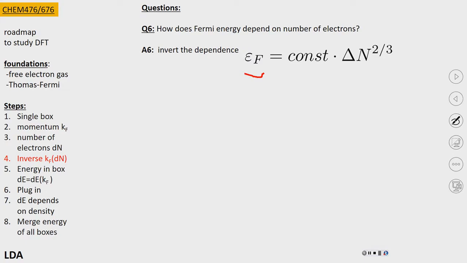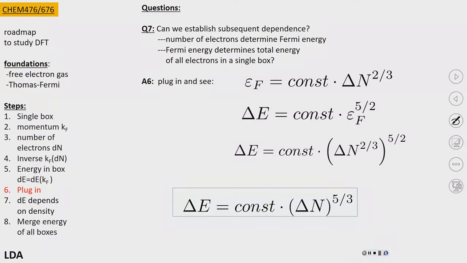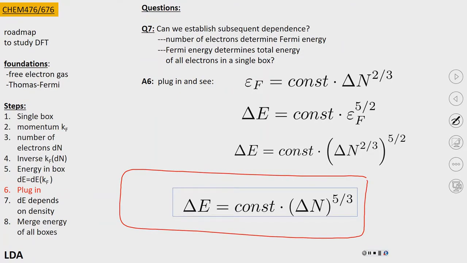So you did this step, and you did this step. 5/3. So it is energy. You made a big discovery. You derived it yourself. You got the energy of all electrons in a box as a function of the number of electrons.